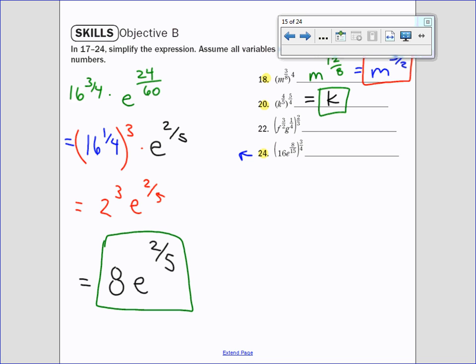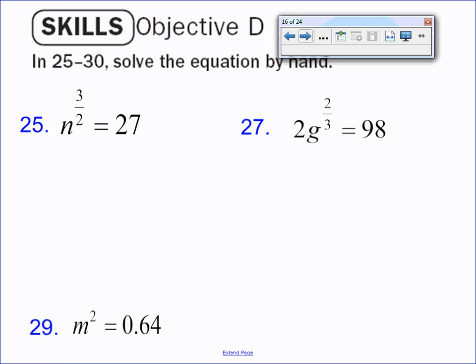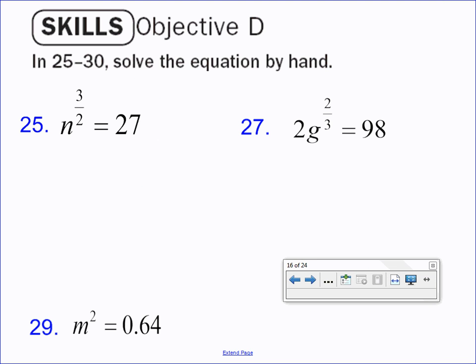Awesome. What questions do you have about our rational exponent? Okay. Then we also need to be able to solve equations. Recall from our activity last class that we can solve power equations by undoing an exponent.